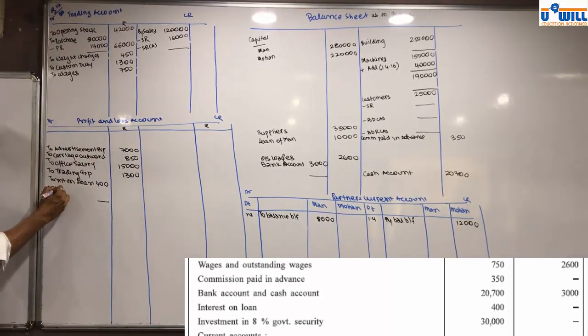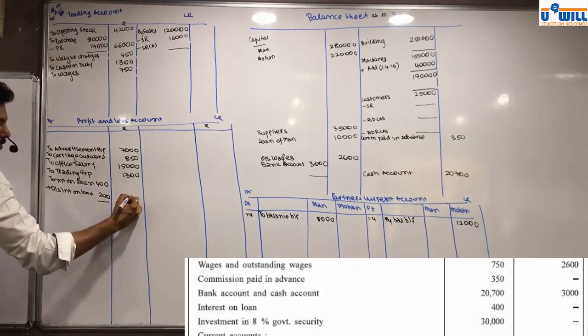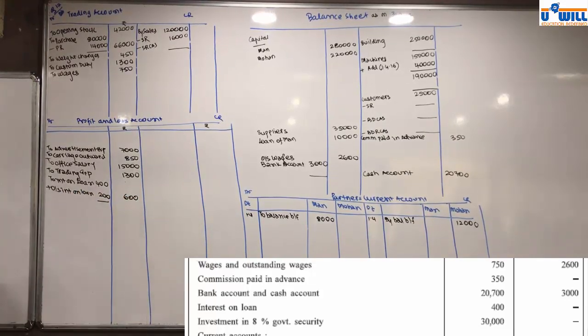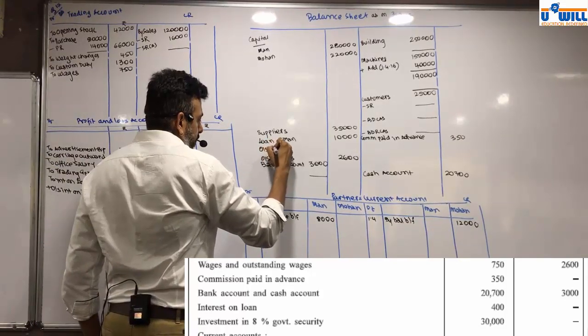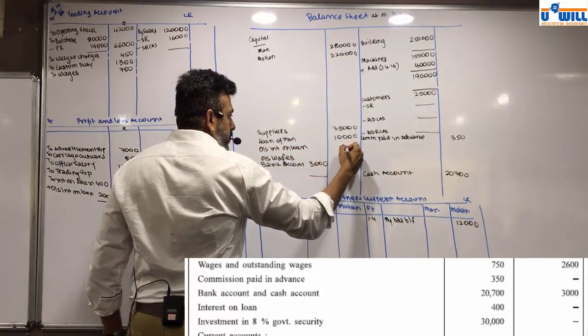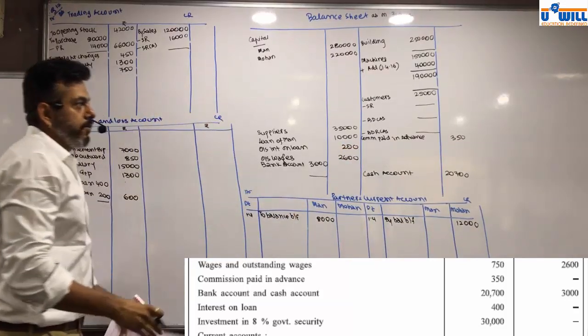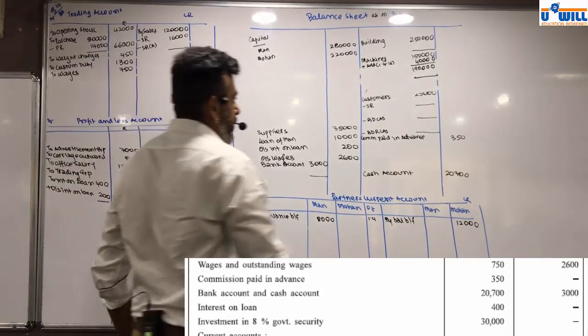So plus outstanding interest on loan 200. Outer column 600. Second effect, liability: outstanding interest on loan 200. Investment in 8% government security.